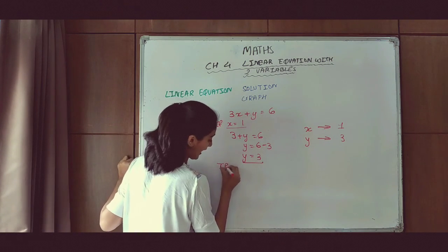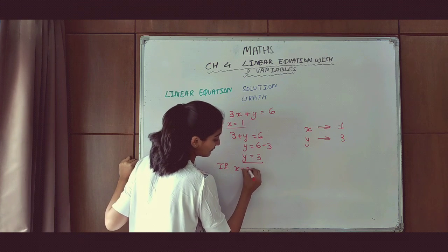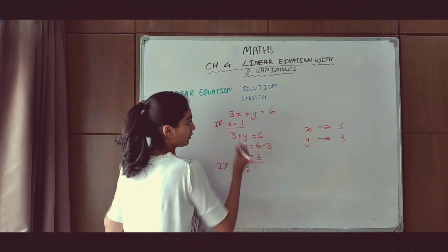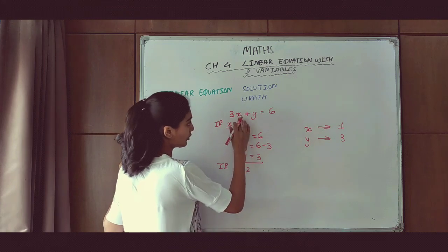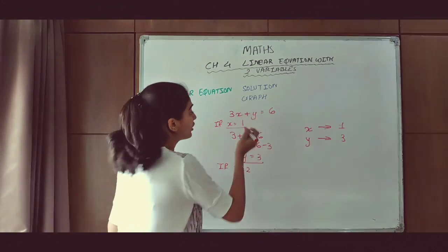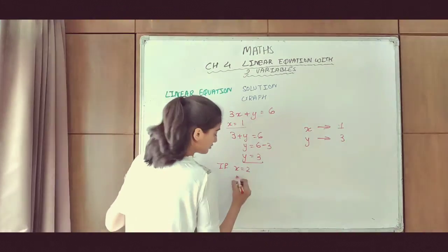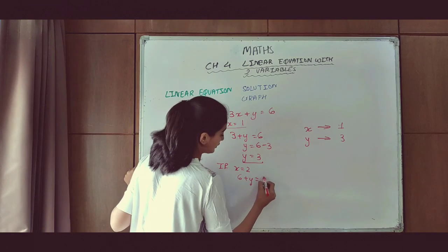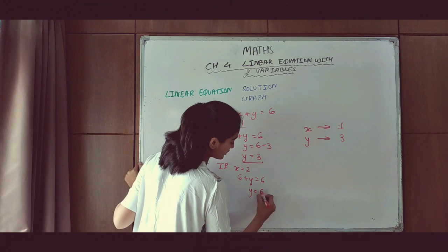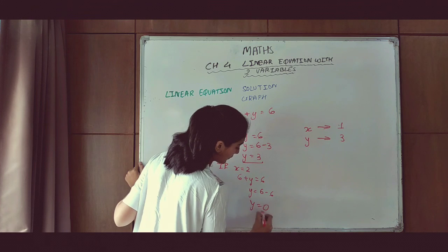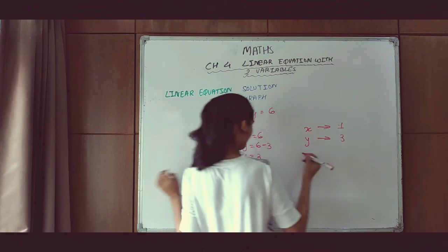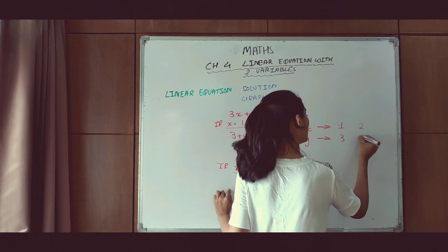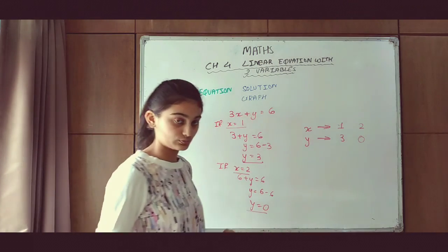Now let's take x is equal to 2. So what will happen over here is 6 plus y is equal to 6. So y is equal to 6 minus 6, so y is equal to 0. So if x is equal to 2, then y is equal to 0.